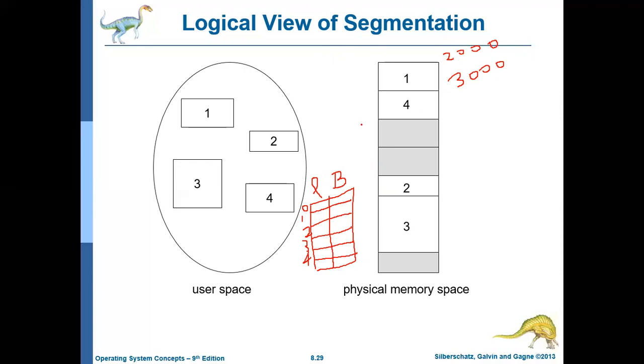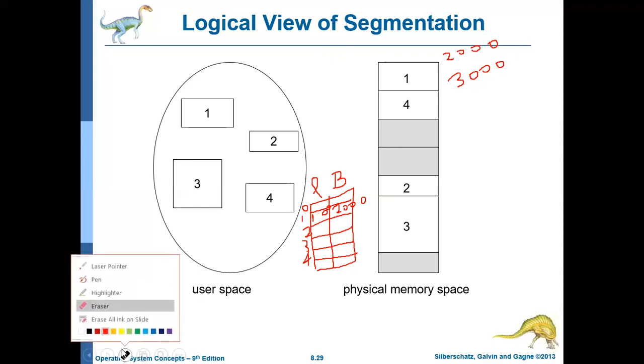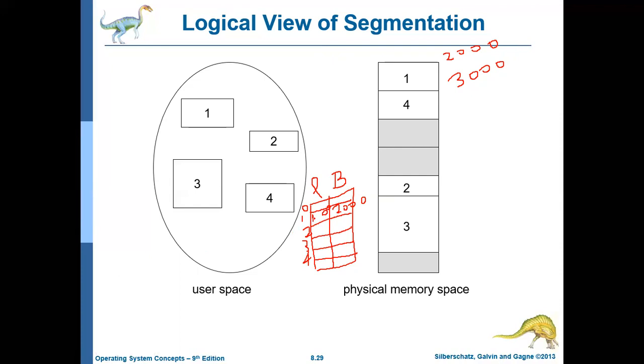So for segment 1, the base value will be 2000 and its limit value will be 1000, because totally it can address 1000 locations, from 2000 to 3000. So its base value will be 2000 and its limit value will be 1000, right?